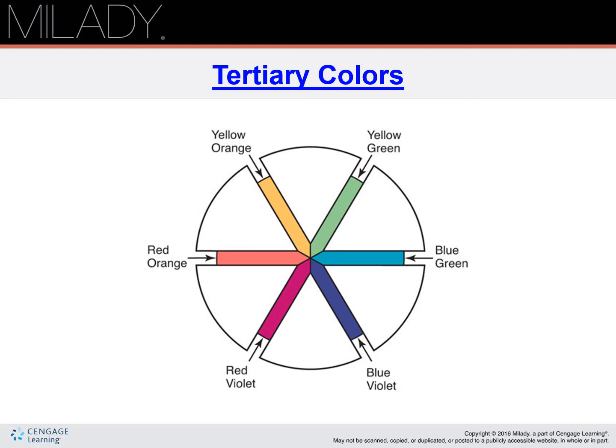That creates yellow-orange. Primary, secondary, tertiary. Primary are pure colors. Secondary colors are made by mixing those primary colors together. Tertiary colors are made by mixing the primary with its neighboring secondary.